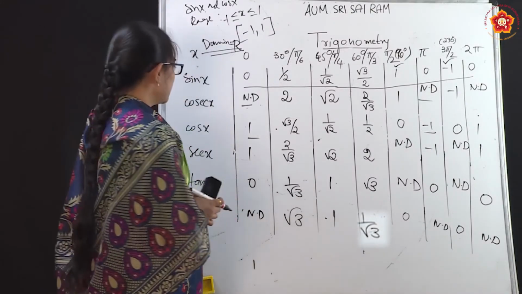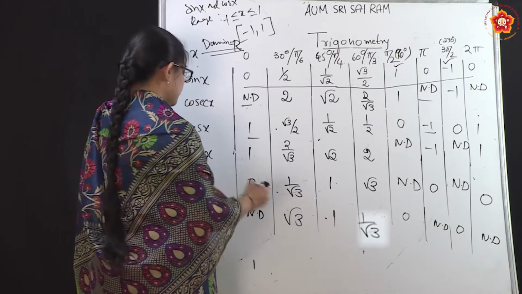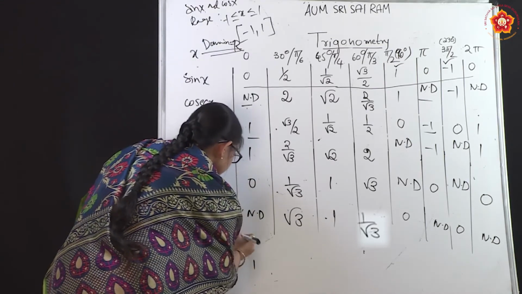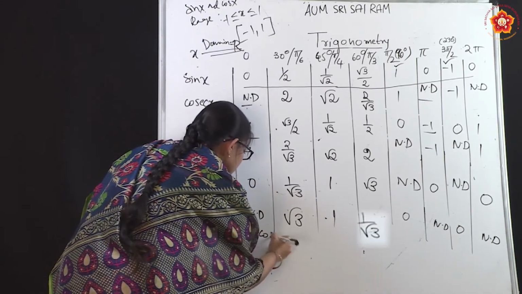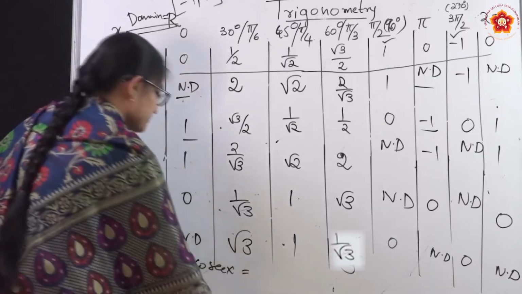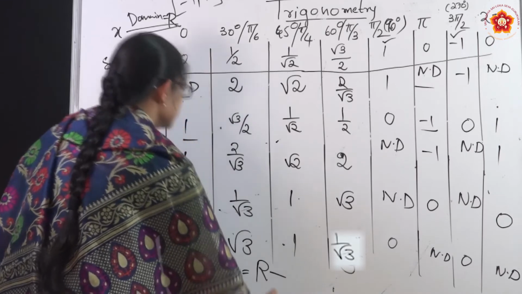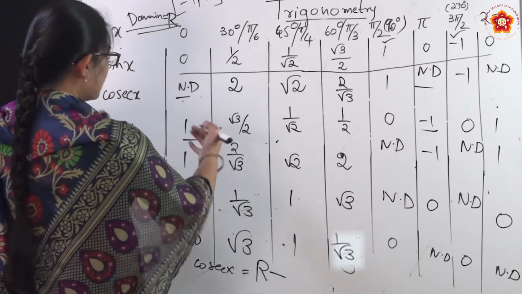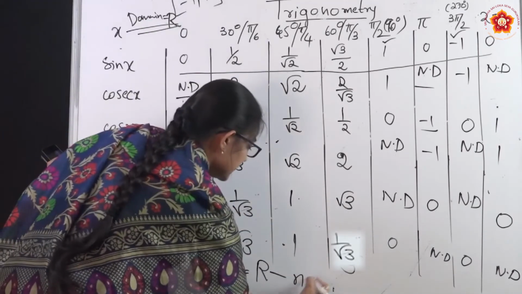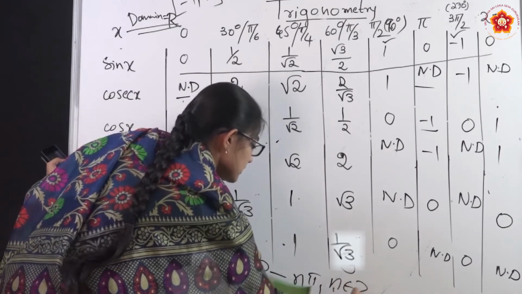So therefore we can say the domain of cosecant x will be R minus all the multiples of pi, that is n pi, where n is any integer.